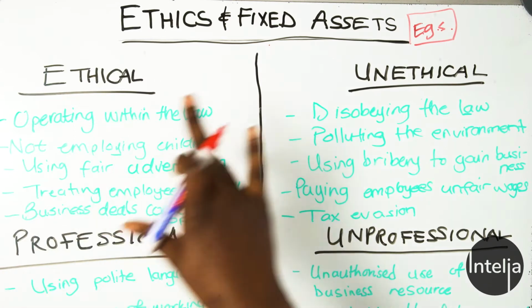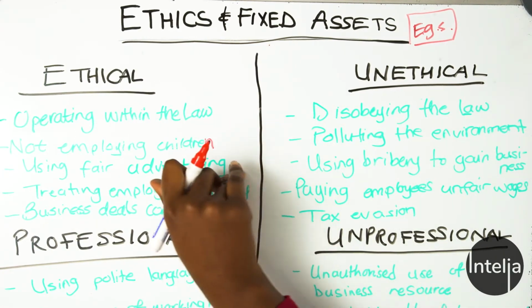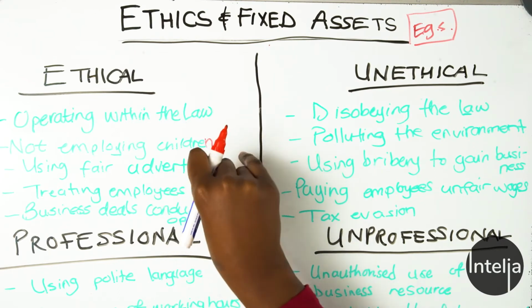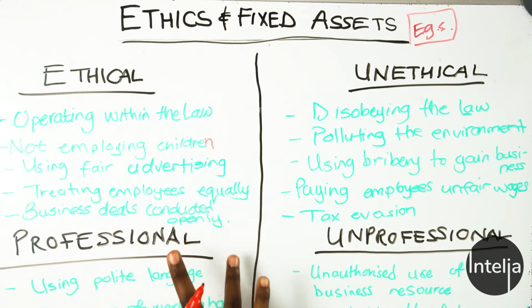Using fair advertising, so advertising that does not discriminate and does not harm others, is ethical. Treating employees equally, which points mostly to the management of a company. And business deals are conducted openly.